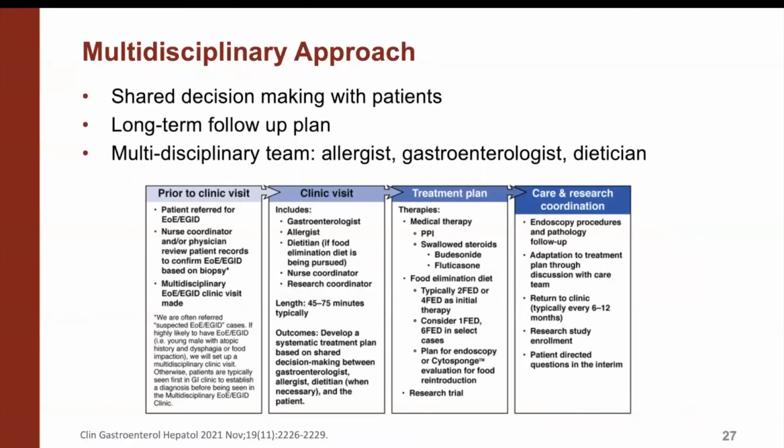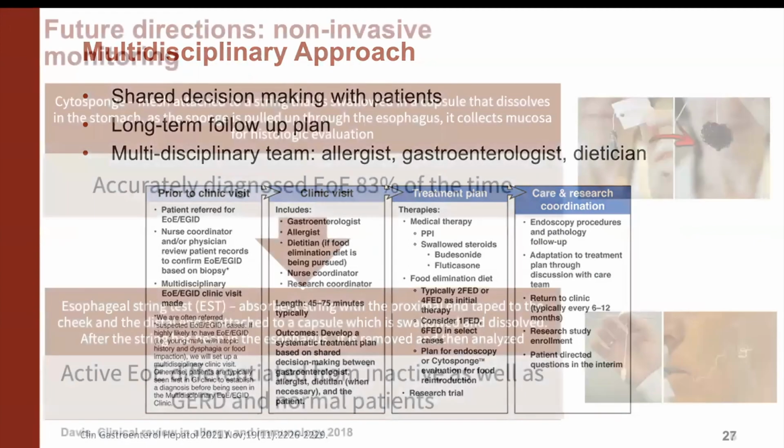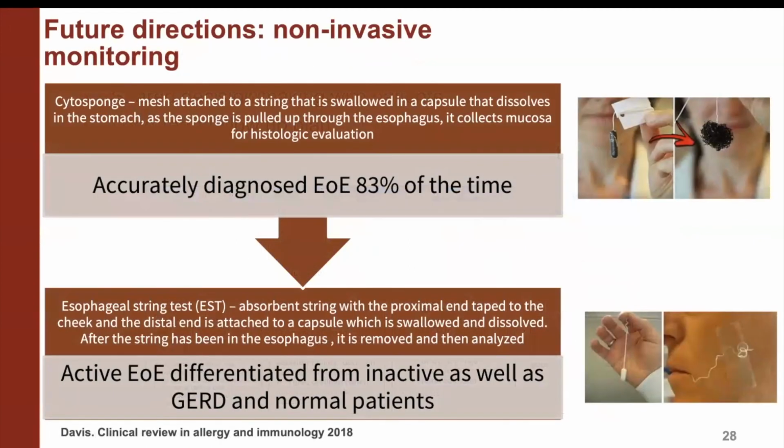Oftentimes treatment for patients with eosinophilic esophagitis requires multiple specialists, a multidisciplinary team of allergists, gastroenterologists, and possibly even a dietitian, and shared decision-making with patients to really tailor their treatment and come up with a long-term follow-up plan.